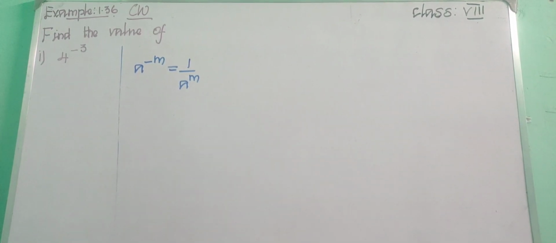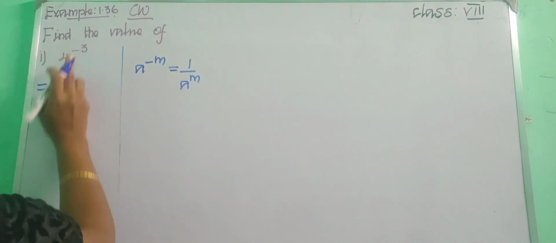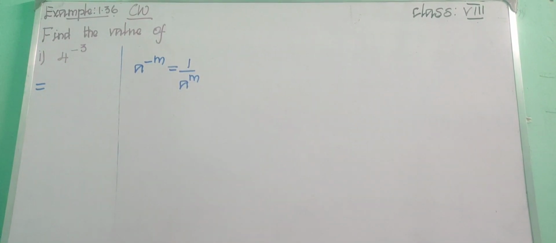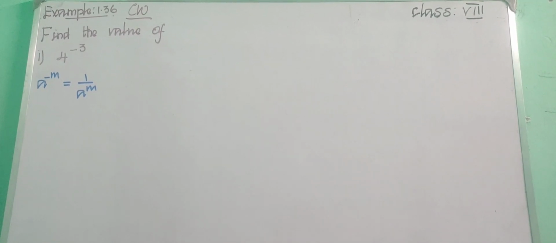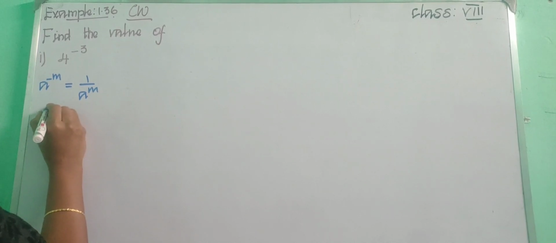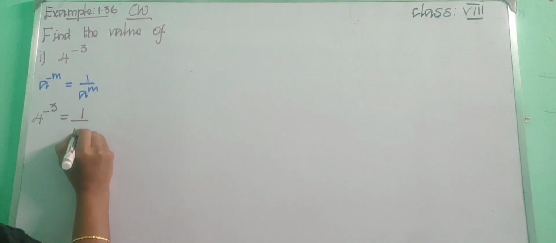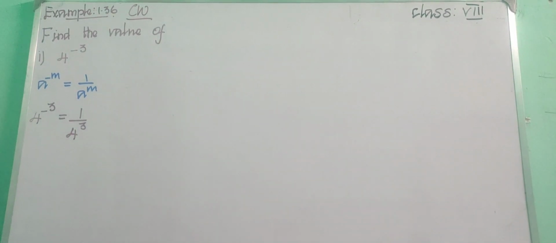Now let us do the sum. See, if you are having 4 power minus 3, we can use this rule and solve this. How will you write the answer? 1 by 4 power 3. Now find the answer.